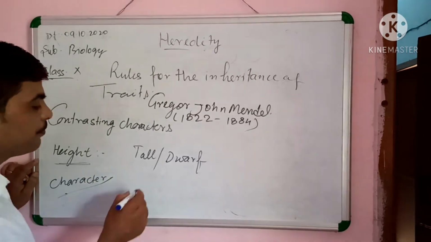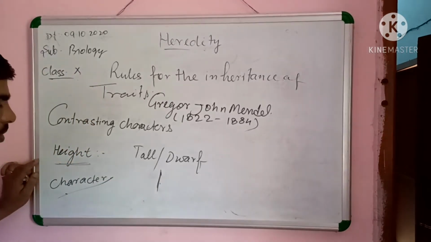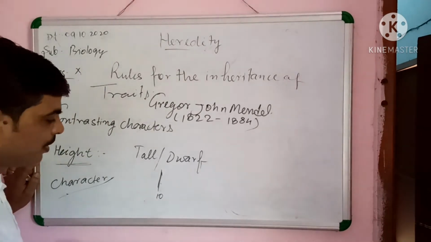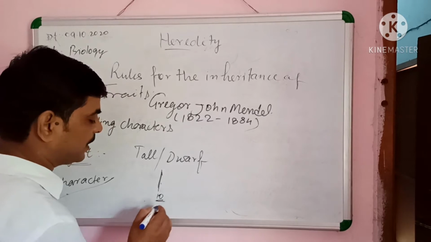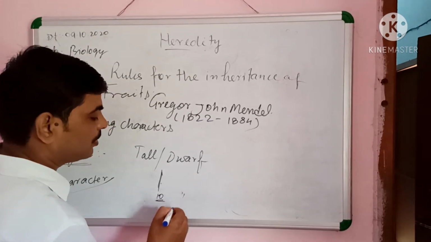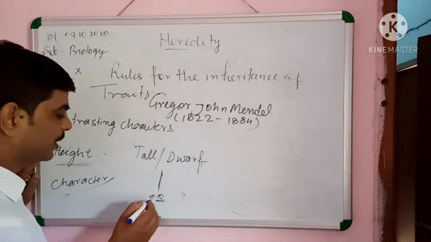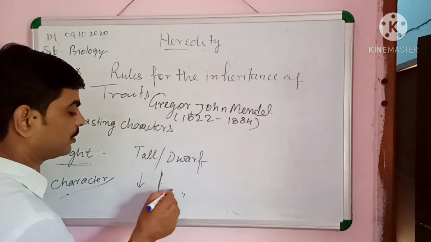If we make a parameter, suppose I am taking 10 centimeter, the person or the plant that has the height less than 10 centimeter will be called dwarf, and the plant, animal or person having the height more than 10 centimeter will be called tall.